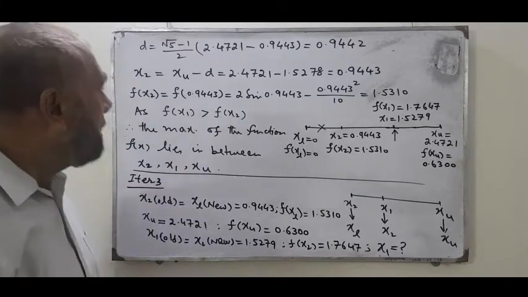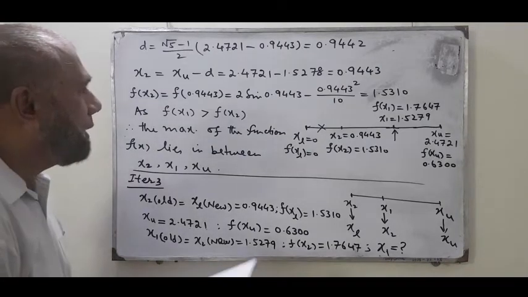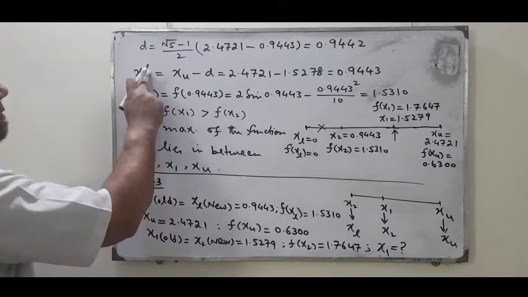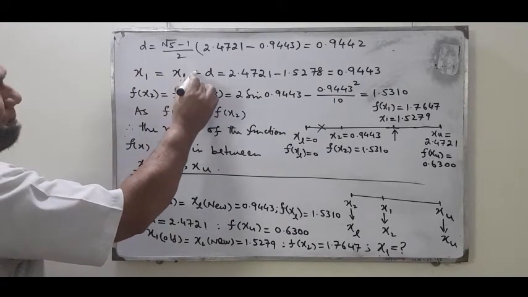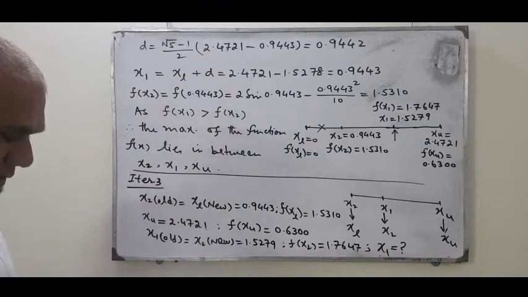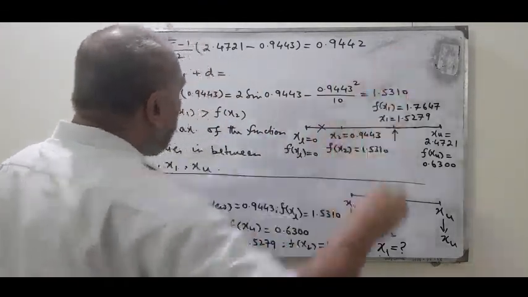After calculating d, now we calculate the value of x1. So here we make the changes. To calculate x1, the formula for x1 is xl plus d. So this is the change which I am doing here. So kindly note it down.